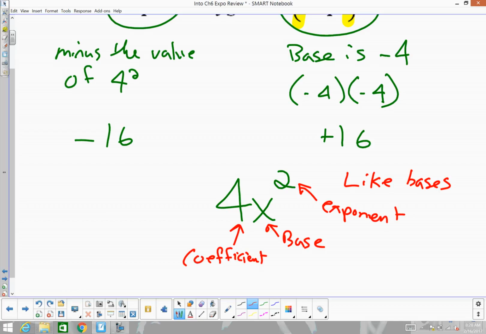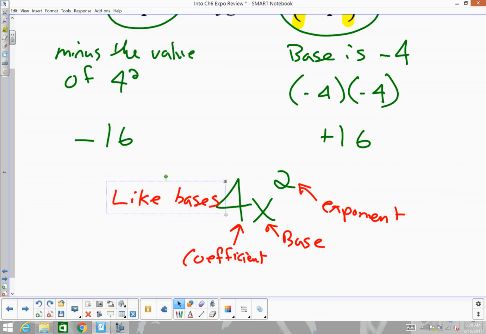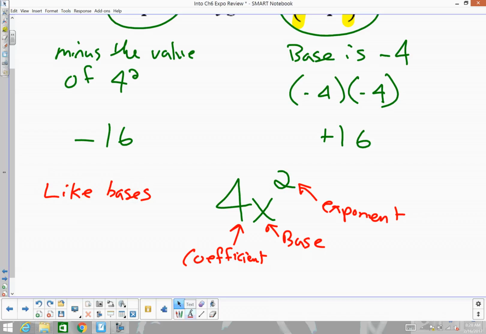Okay, awesome. So now I want to have a like base. So it doesn't matter what number's in front or what the exponent is. It's a little bit different than like terms. Like bases is anything that has an x, really. So if I were to talk about like bases, it's anything that has an x as a base.